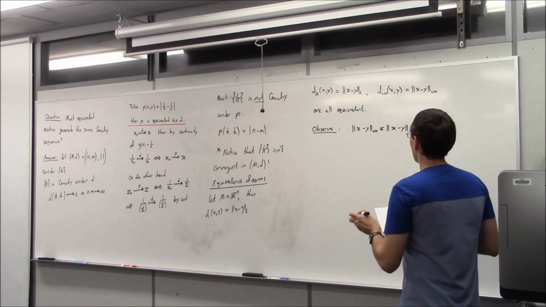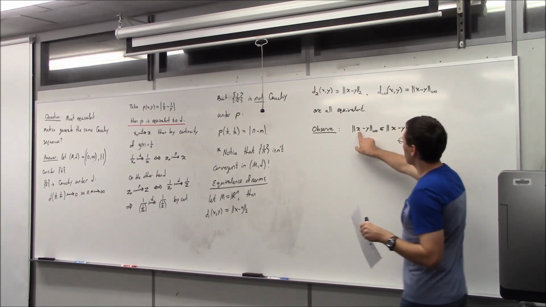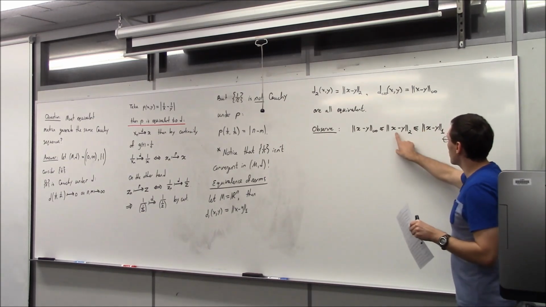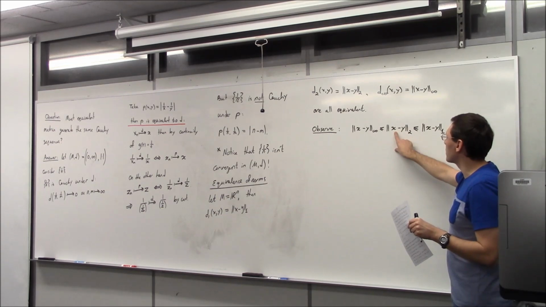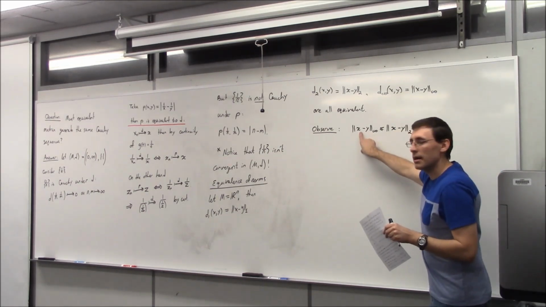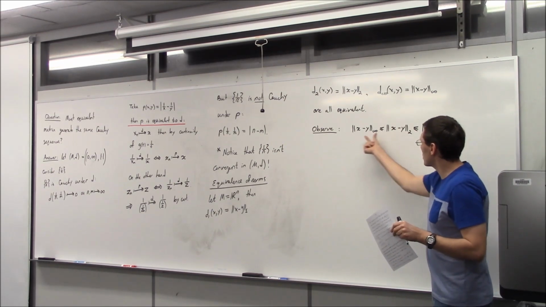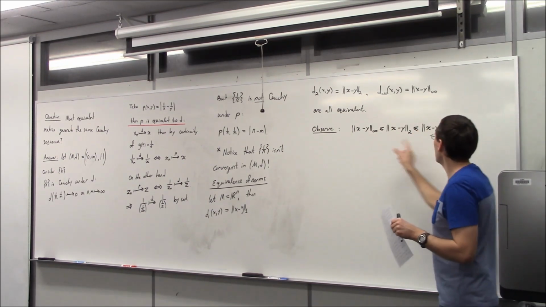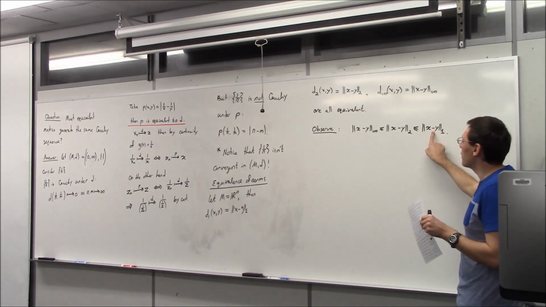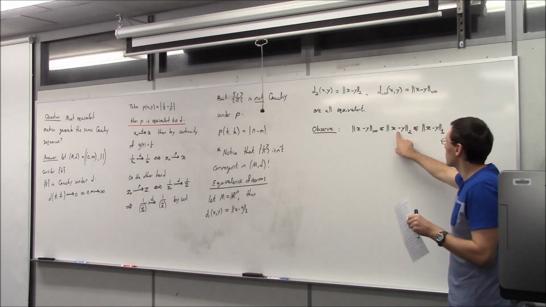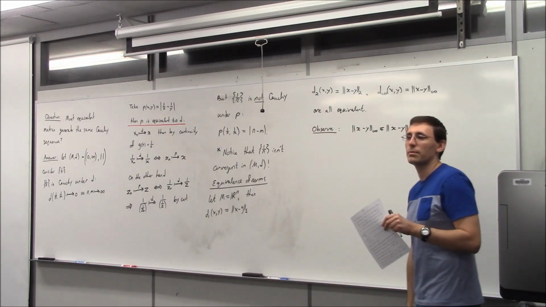Okay, so that means what? That means that if I have a convergent sequence in R^2, it will force the sequence to converge in the infinity norm, because you see this goes to 0, forces this guy to go to 0. And then if it converges in the 1 norm, it forces it to converge in the 2 norm and in the infinity norm, right?